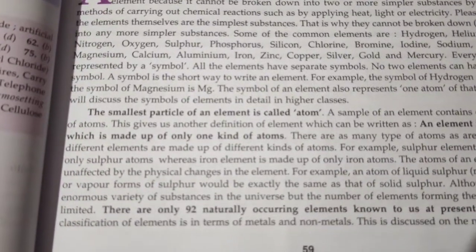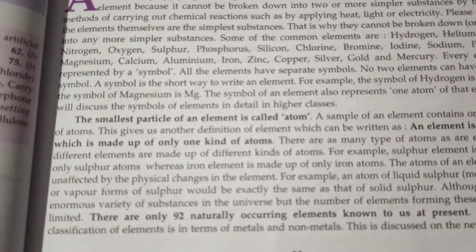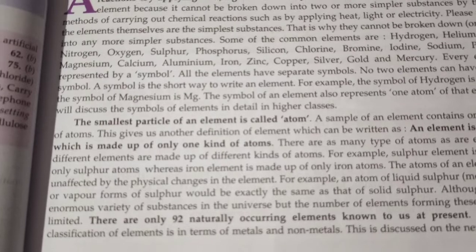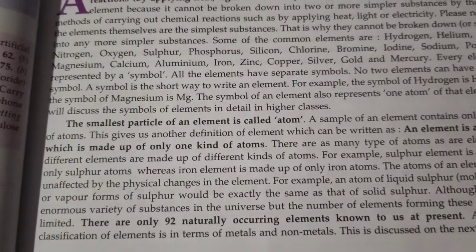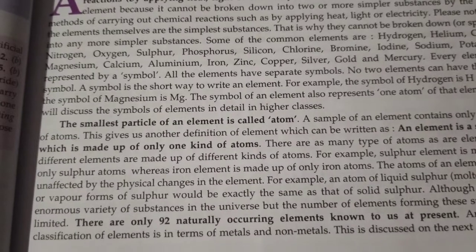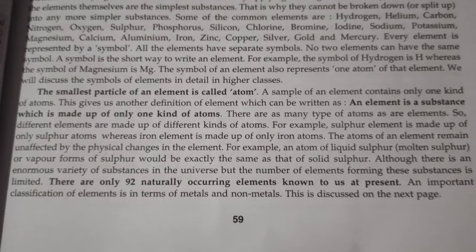The smallest particle of an element is called an atom. So an element, which is a simple substance, is made up of atoms. The sample of an element contains one kind of atom.